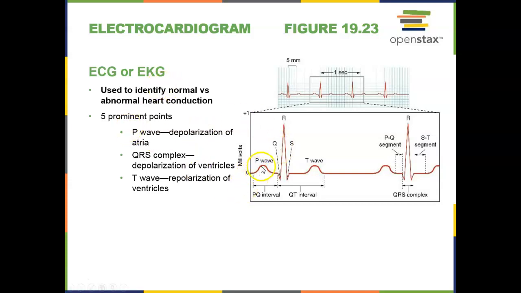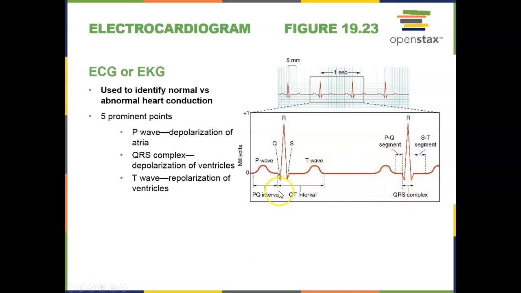There's a P wave, which is this right here. This is when the atria depolarize. Then we have a Q, R, and S complex. So 3 points right here where we see depolarization of the ventricles. And then we have that T wave over here, which is the repolarization of the ventricles.